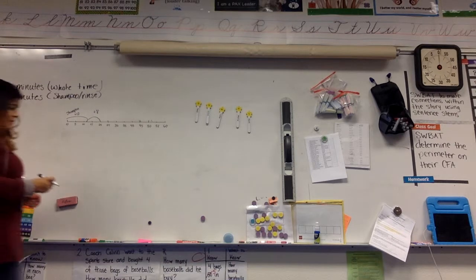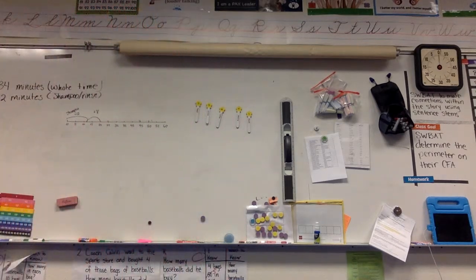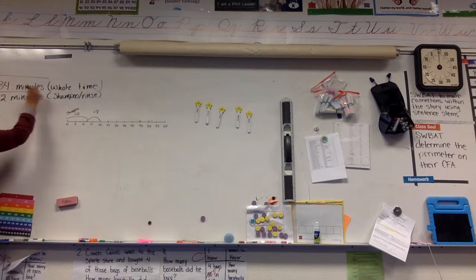That was awesome. Now, we said our end number is 34. That's the end time, the whole time. So this is what we're trying to get to. Chloe, can you get us to the closest 10 to this number? How many more do we need to add?